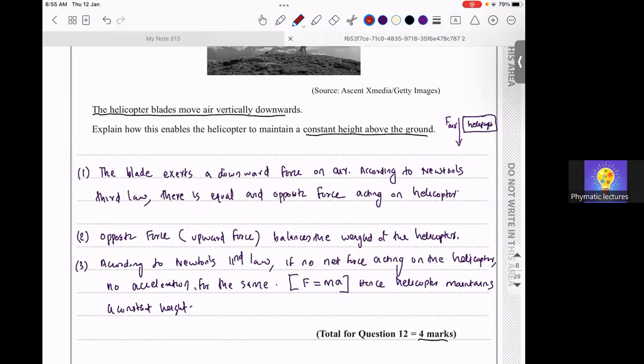As a result, the opposite force, the reaction, is acting on the helicopter, and the weight of the helicopter is acting downwards. Therefore, no net force, correct? This is the idea. Okay, so 4 marks. Three valid points will help us to bag these 4 marks.